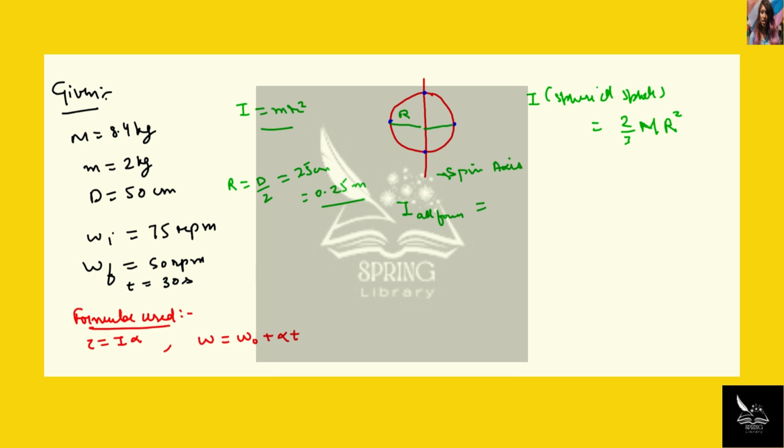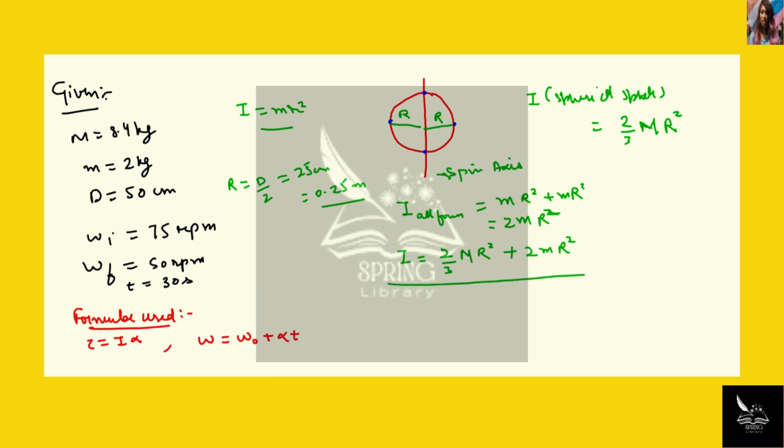Similarly, the moment of inertia of this mass is also 0. But the distance from the axis to this small mass is r, so we have a contribution from this mass and this mass. So this becomes m r squared plus m r squared, which is 2 m r squared. So the total moment of inertia is equal to 2/3 M R squared plus 2 m r squared.